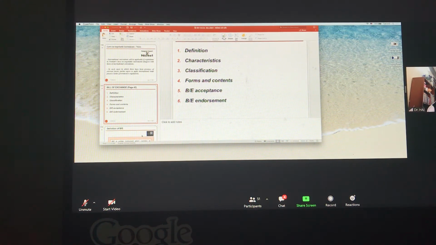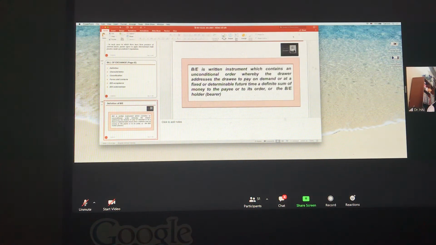Okay, so now go to the definition. In fact, we have many different laws governing BE. For example, ULB, Uniform Law for Bills of Exchange, or the law of America, law of UK, Vietnamese law. Also, we have many different laws. So you can use any definition of the laws I just mentioned.